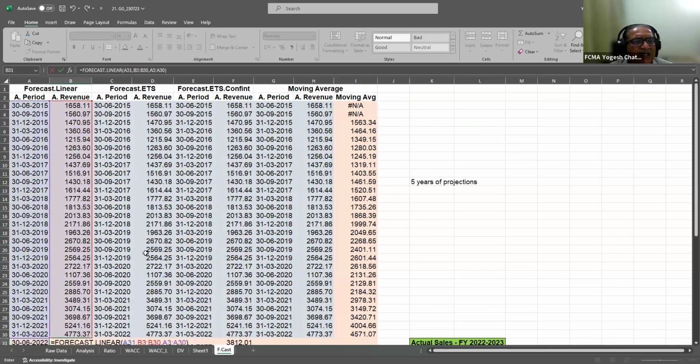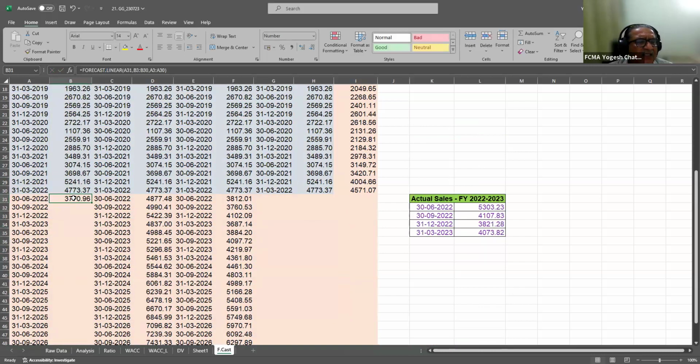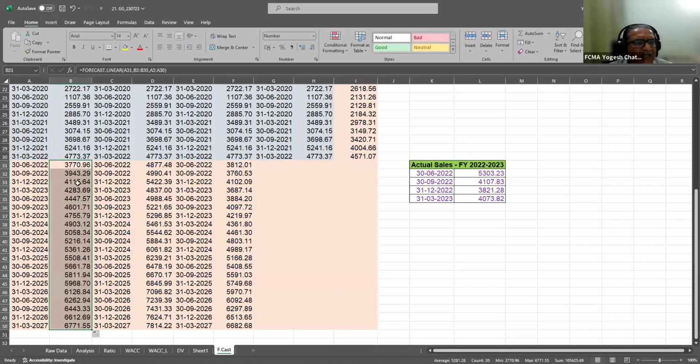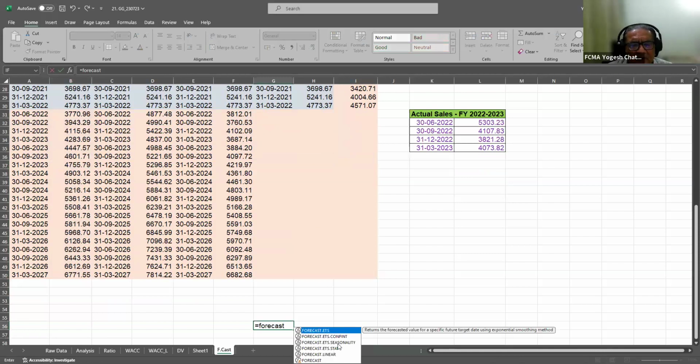Once I give this formula, it will provide me the forecast, and I can continue this till the end. There are various forecast functions in Excel, and making use of them will be very useful. We have forecast, ETS, seasonality, linear, all these functions.